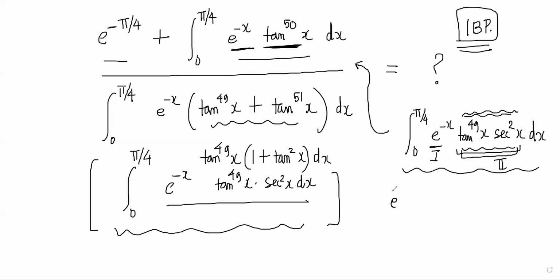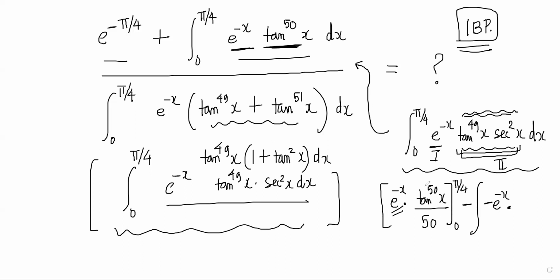By parts, when we do, we'll write the first function as it is. Integrate this, it will be simply tan power 50x by 50, right? Correct? Yes, sir. Evaluated from 0 to pi by 4 minus, now derivative of e power minus x will be minus e power minus x, and this will be tan power 50x by 50, 0 to pi by 4.